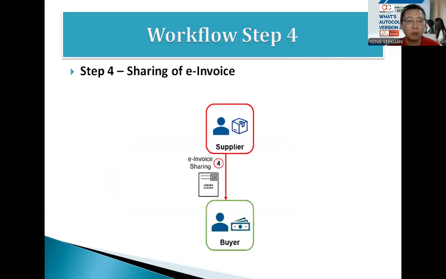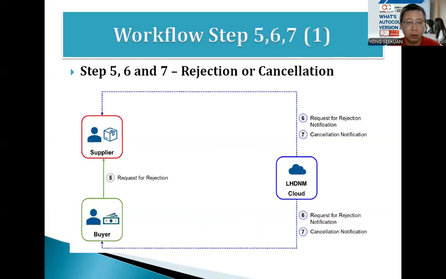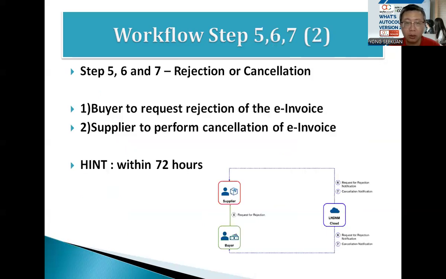After that, number four, when you issue the invoice, your invoice will get a QR code, so your buyer can scan the QR code to check the verification of your invoice. Number five, six and seven are the rejection and cancellation. Next, we go through more detail on this.